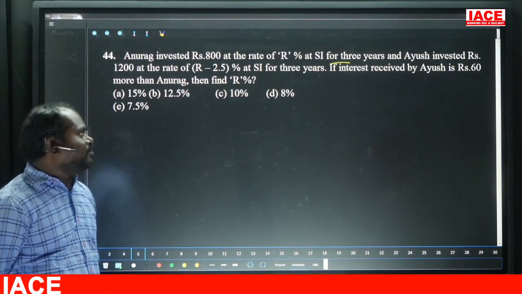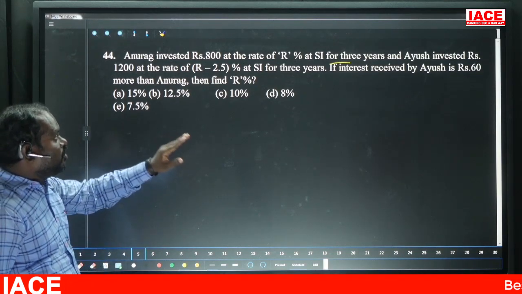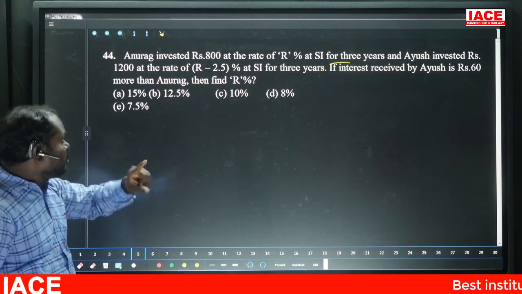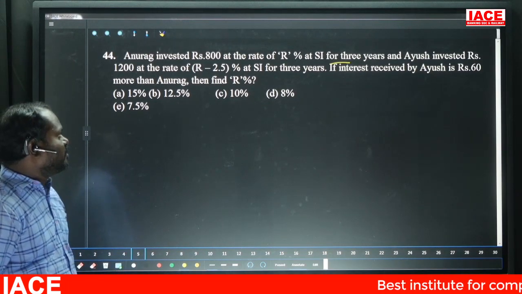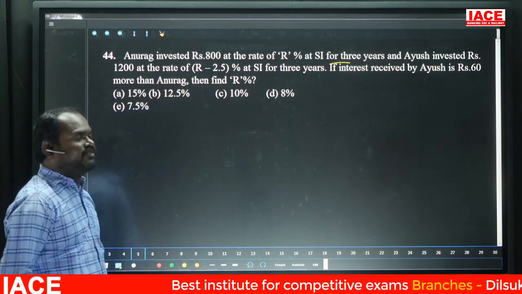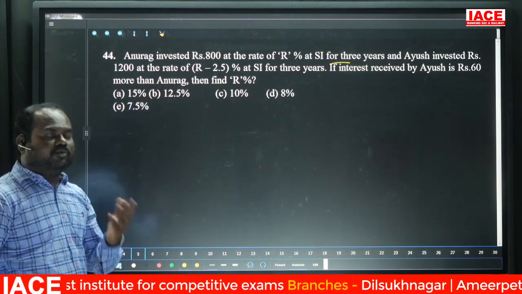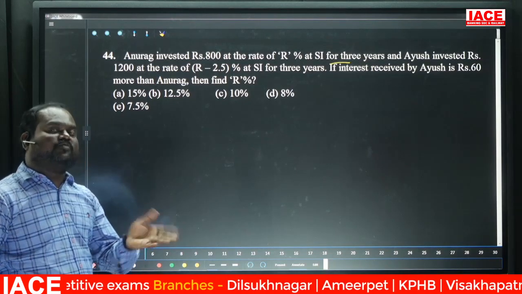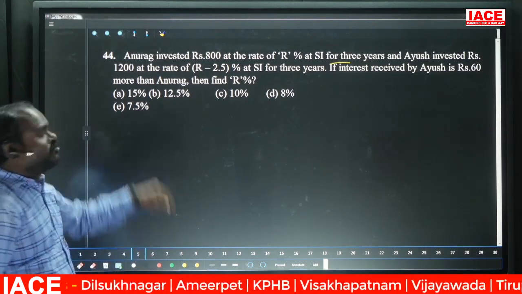If we go the normal way, the interest received by Ayush is 60 more, so Ayush's interest is extra. Ayush invested 1200 at the rate of R minus 2.5% for 3 years. Every R% for 3 years means 3R, but he is saying R minus 2.5.